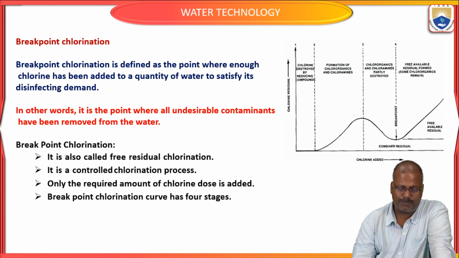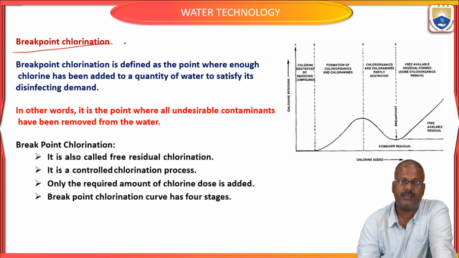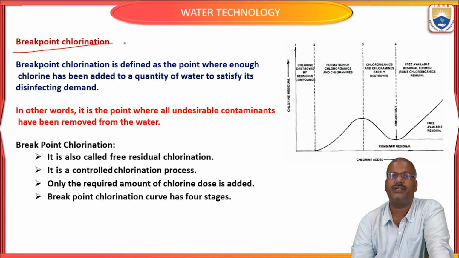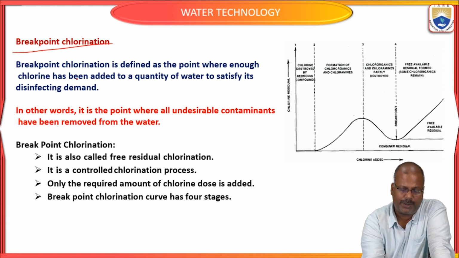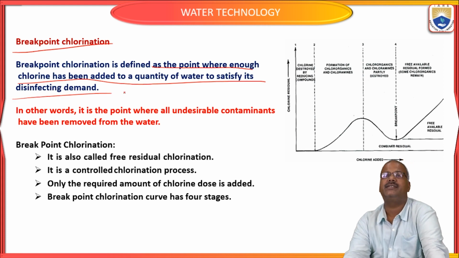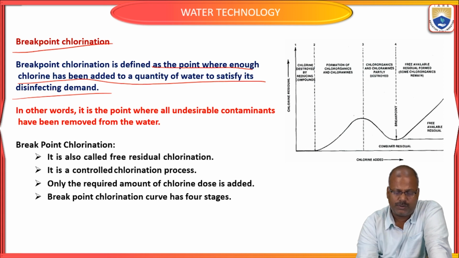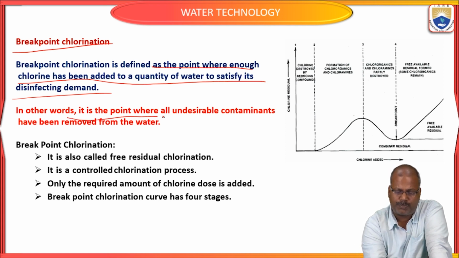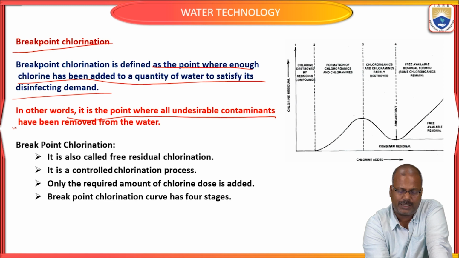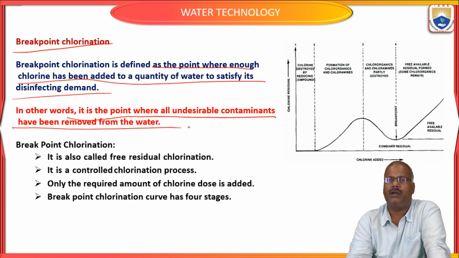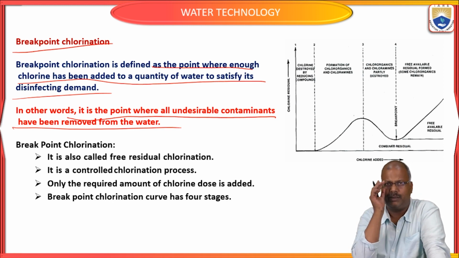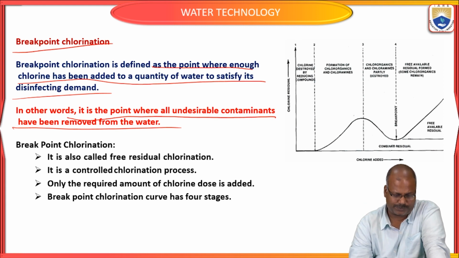There is something called breakpoint chlorination, which uses chlorination as a sterilizer. Breakpoint chlorination is defined as a point where enough chlorine has been added to a quantity of water to satisfy its disinfecting demand. It is also a point where all undesirable contaminants have been removed from the water.